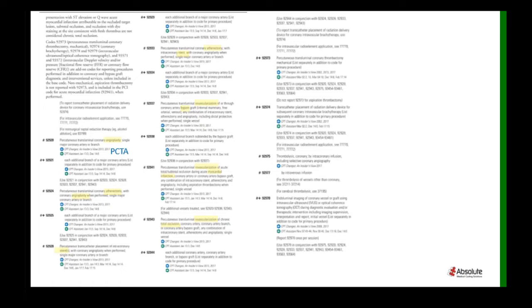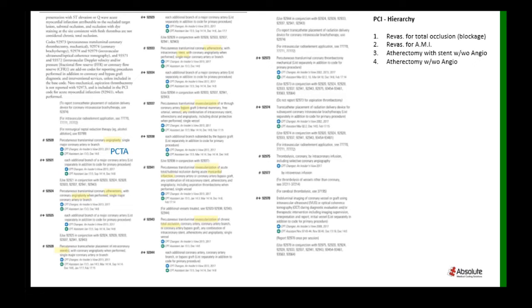The first thing I'm going to do is put my hierarchy. I'm going to list it. Number 1, revascularization for total occlusion or total blockage of that artery. Number 2, revascularization for the acute myocardial infarction. Number 3, atherectomy with stent with or without angioplasty.